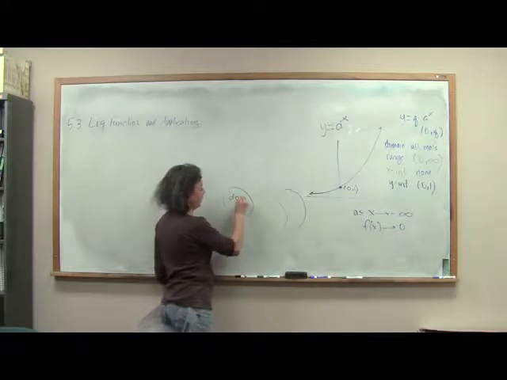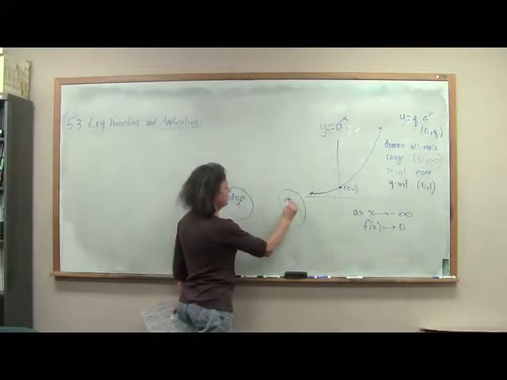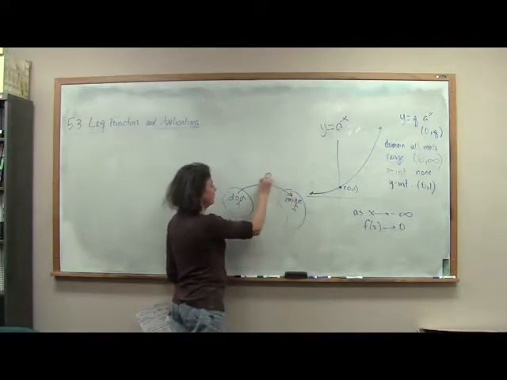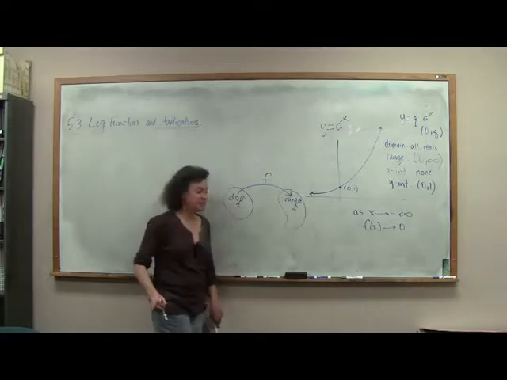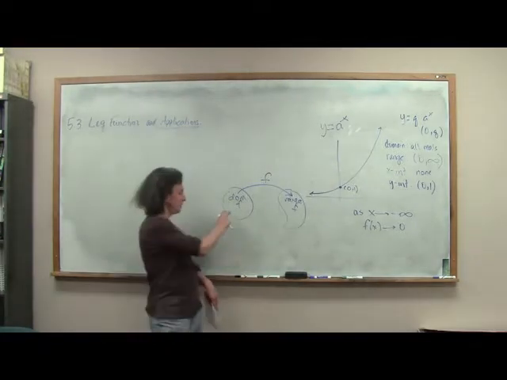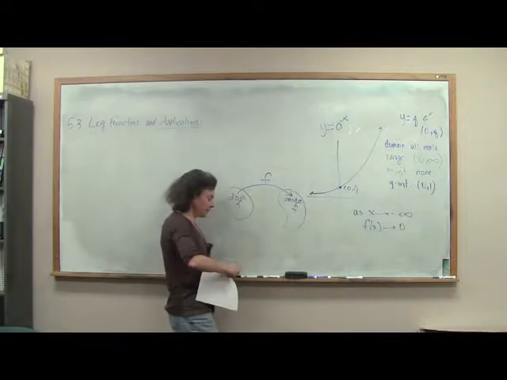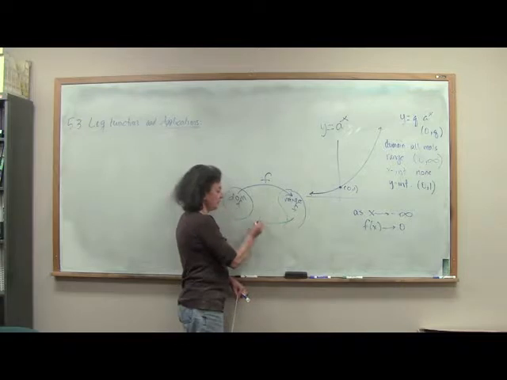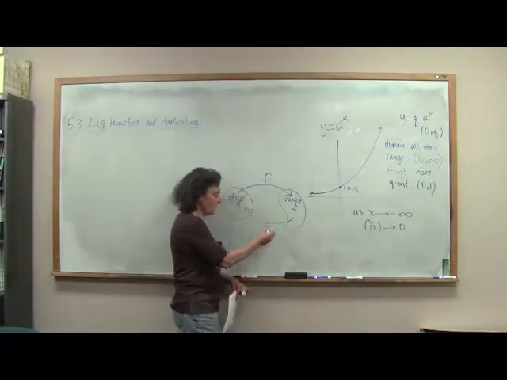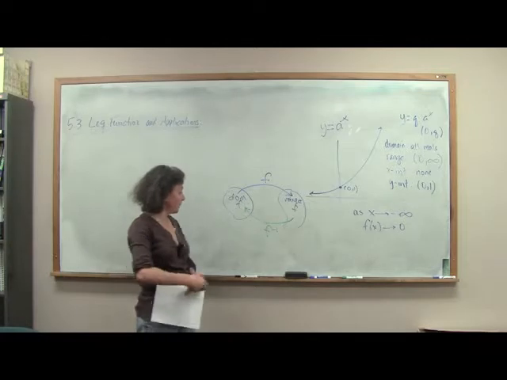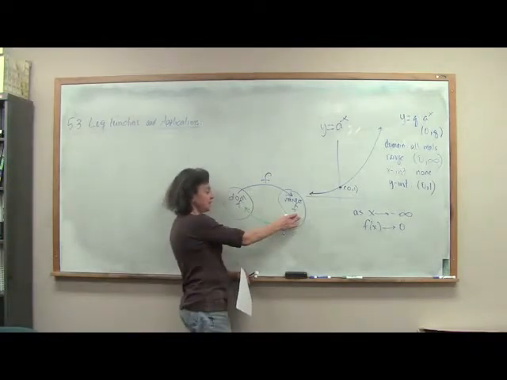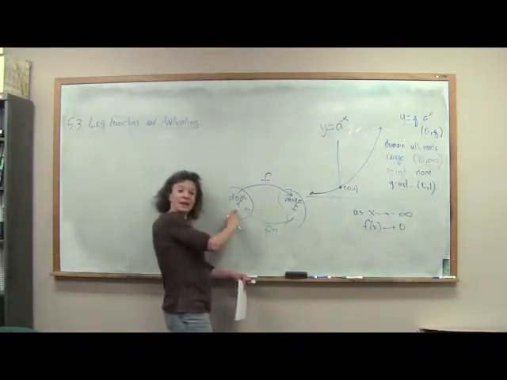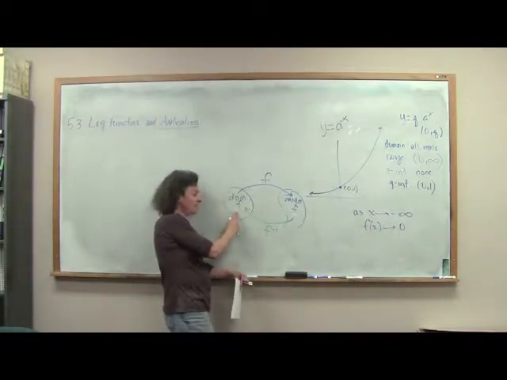Suppose this is the domain of my function, and this is the range of my function. My function f takes the values in my domain to the values in my range. Inputs, outputs. Now, if I've got the inverse function, remember, your inverse just undoes whatever your original function did to begin with. So it takes these points here in our range of f and brings them back to our starting point in the domain of f.